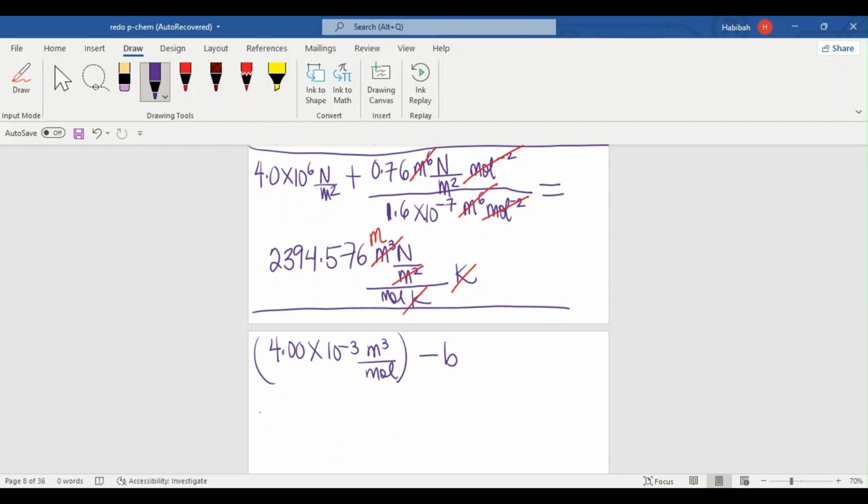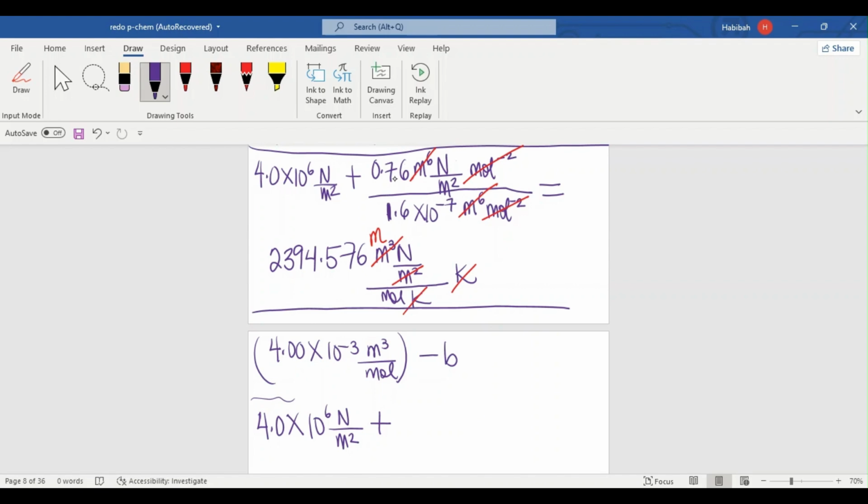So this is the next one. You have 4.0 times 10 to the power of 6 Newton per meter squared, plus 0.76 divided by 1.6 times 10 to the power of negative 7.